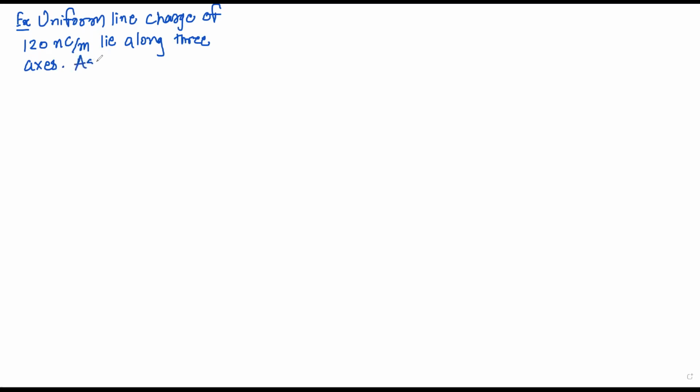Assuming free space condition. Find E bar at -3, comma 2, comma -1.